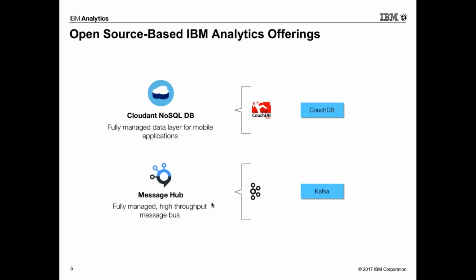Going to Message Hub, it's also fully managed and has high throughput because it's using Kafka. Kafka is basically a buffer system. Think of Kafka as a tap: it makes sure that water goes out if water comes in. What does that mean? It's a buffer.